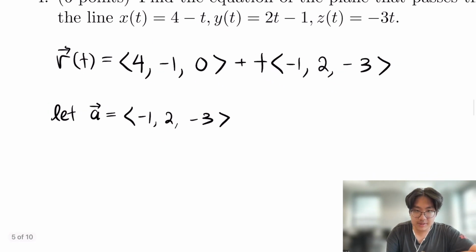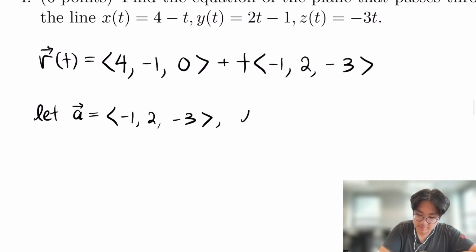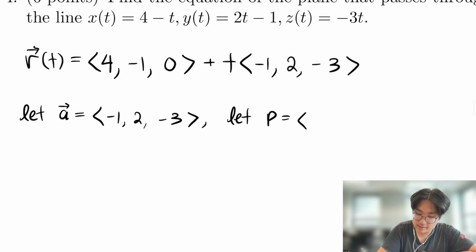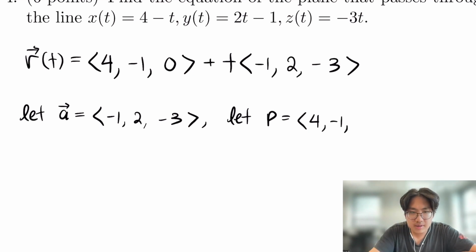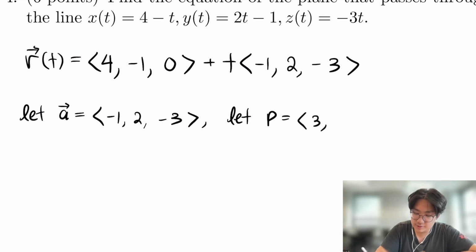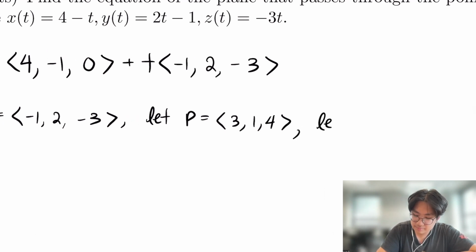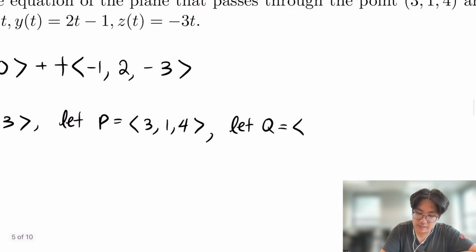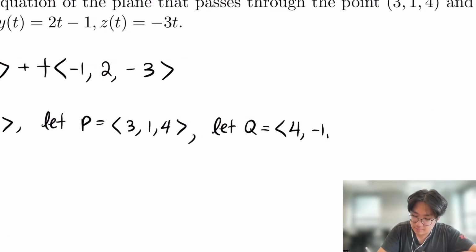And then we'll let P be the point 3, 1, 4. You can let P or Q be either of the points you have; in this case, I'll just do it in the order that I had it written down in. So P, and then let Q be the point that we got from the line, so 4, -1, 0.